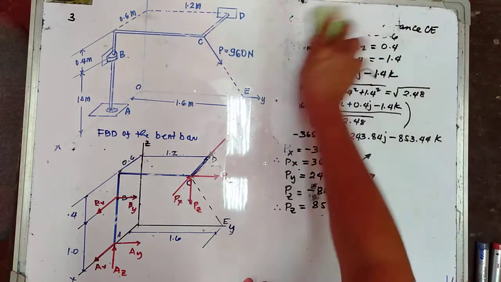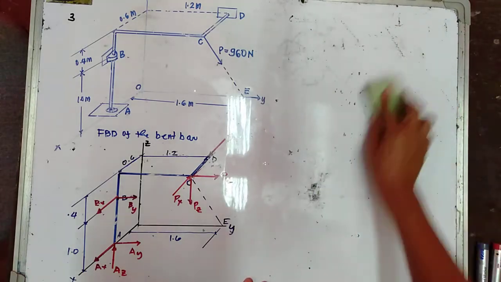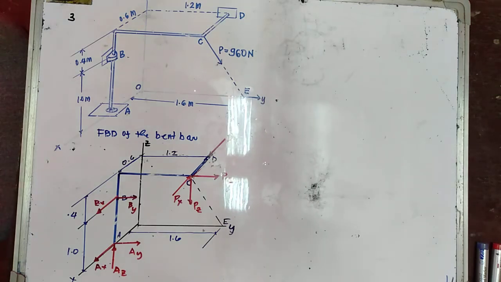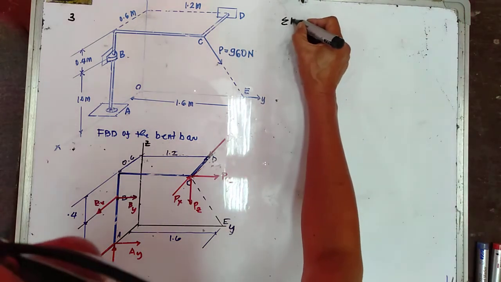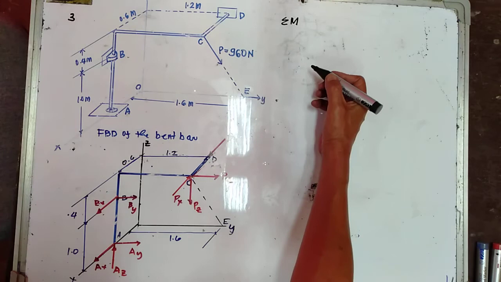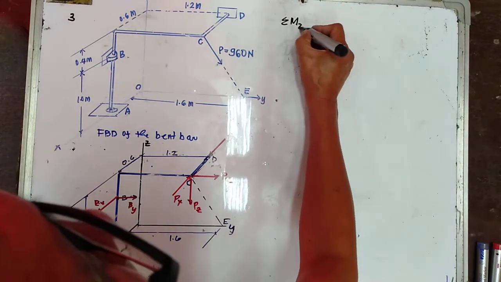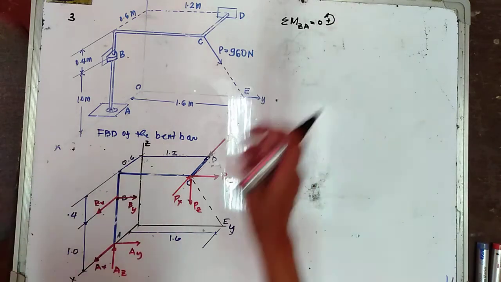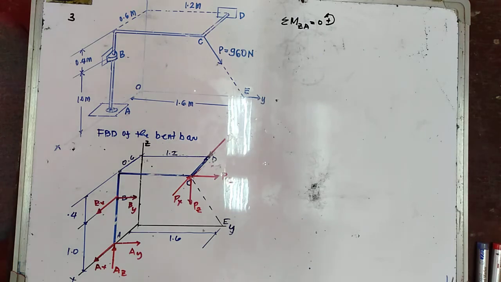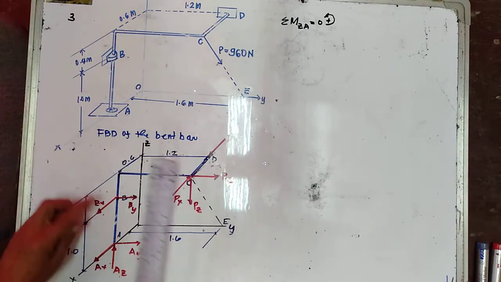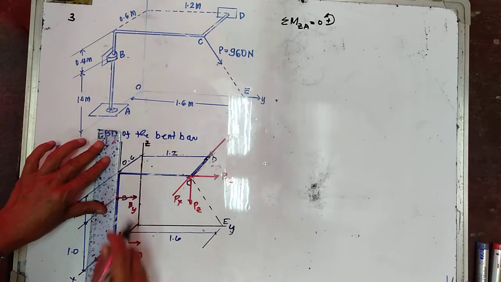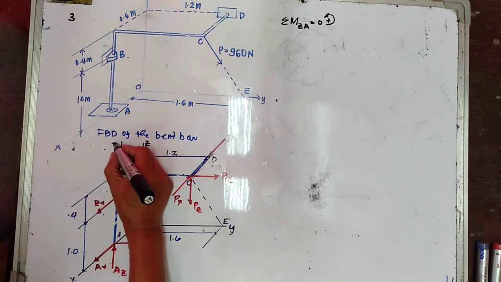Okay, so let's try to get now summation of moment in the ZA direction is now equal to 0, counterclockwise moment positive. So this is now your Z, that is your point A. So this is the ZA axis.